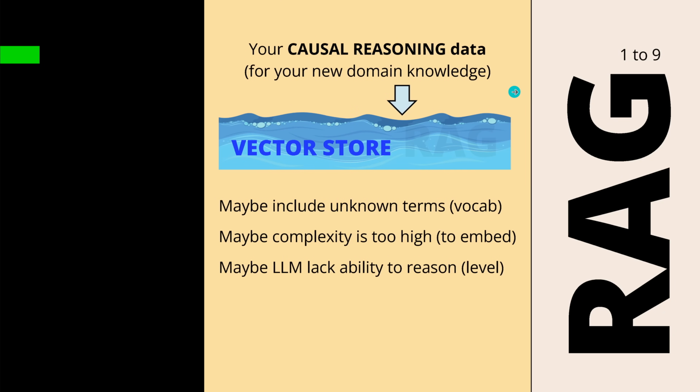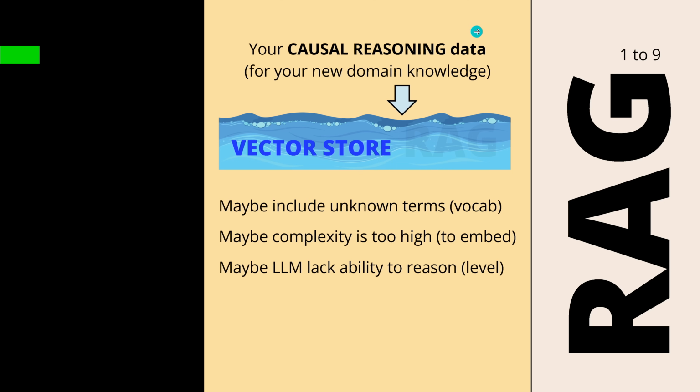So let's assume now, if you want to move from RAG over to the new technology, what we can do, what would you say? Maybe you say, hey, I have now this causal reasoning data, or I have new domain knowledge with causal reasoning data, I don't know, chemistry, for example. So what I can do, now if you want to stick with the old technology with RAG, it is simple, no?